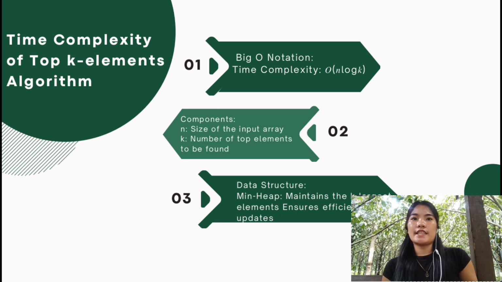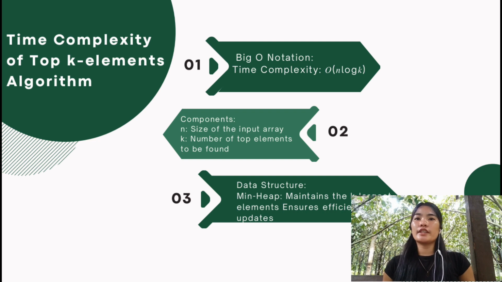The time complexity has components. First is n, which means the size of the input array. Then k means the number of top elements to be found. It emphasizes the importance of n and k in determining the algorithm's performance, highlighting that larger input sizes and smaller k values are efficiently managed by this approach.